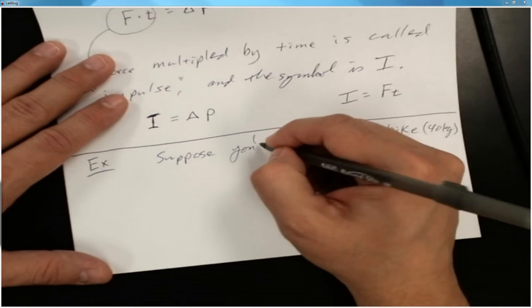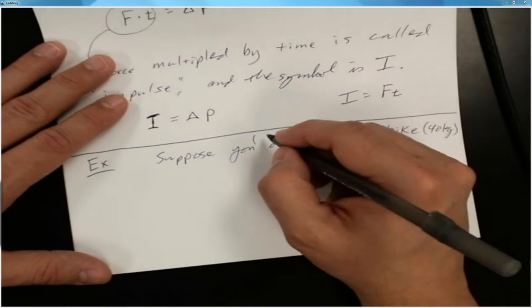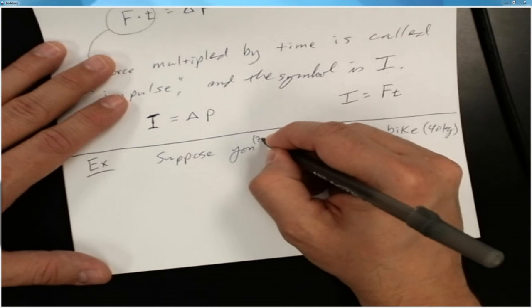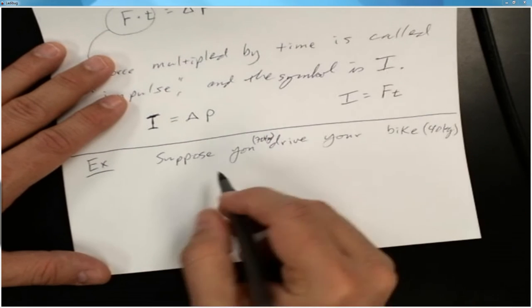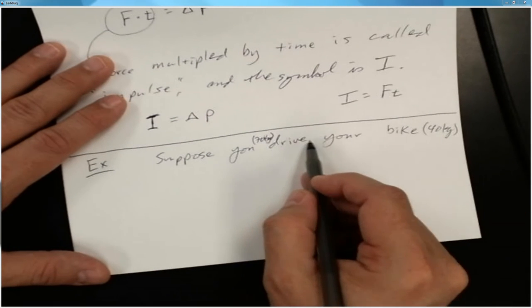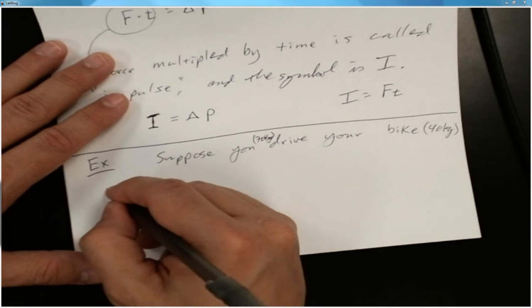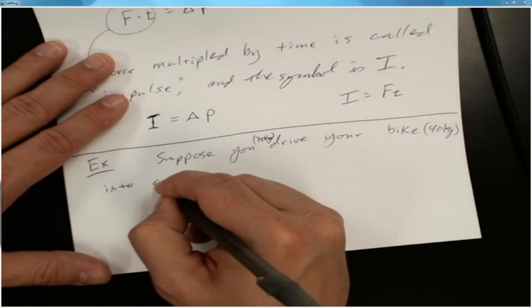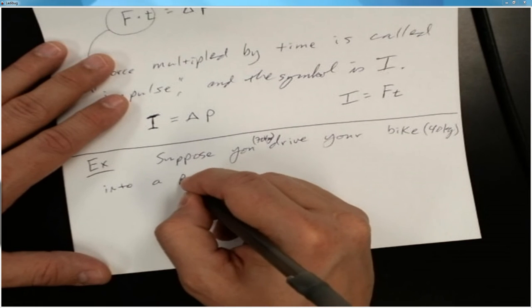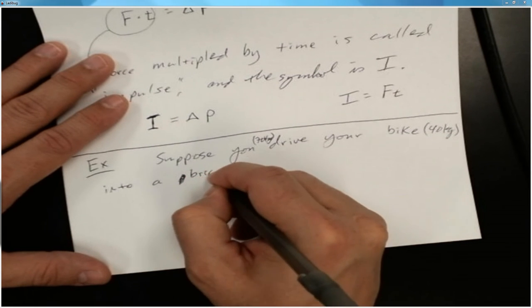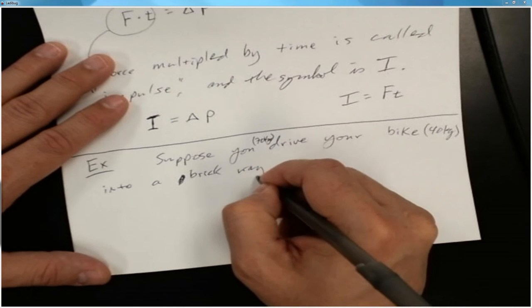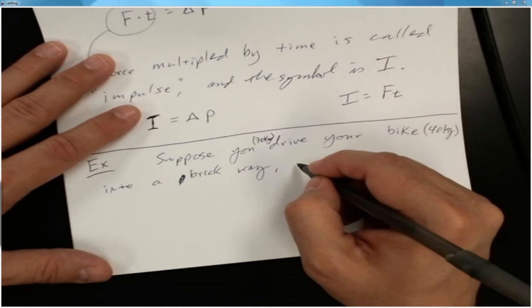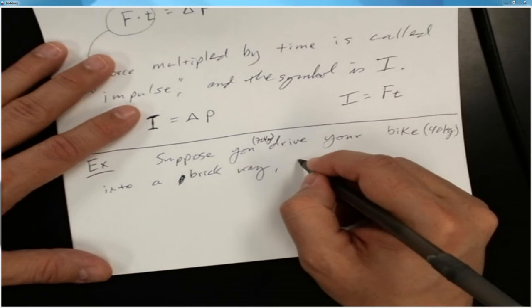And let's say that you're 70 kilograms. Suppose you, 70 kilograms, drive your bike, 40 kilograms, into a brick wall, coming to a complete stop afterwards.